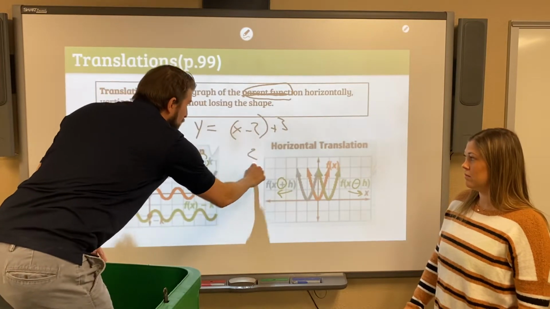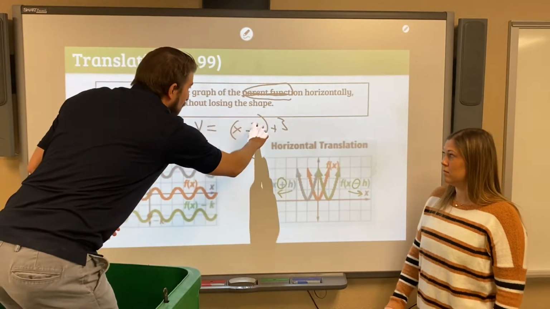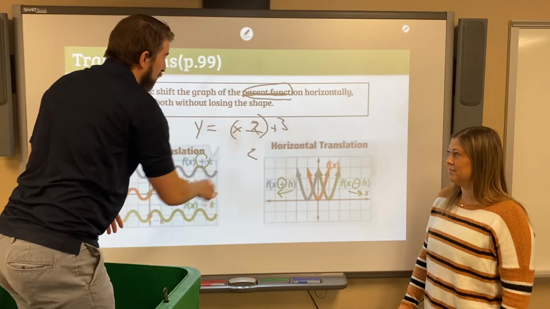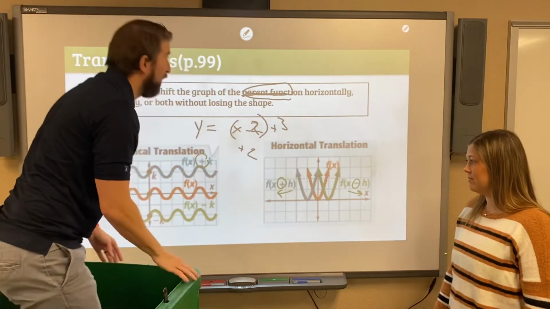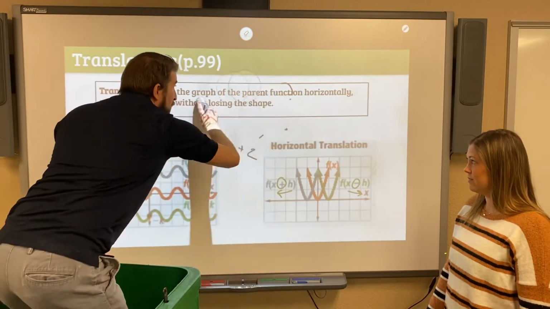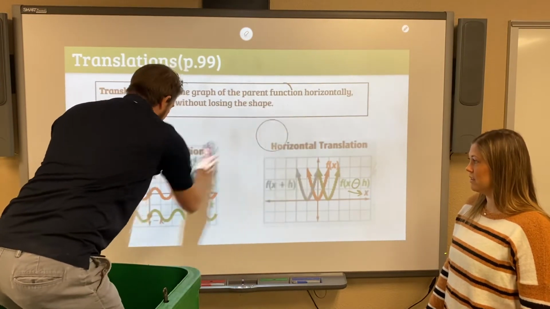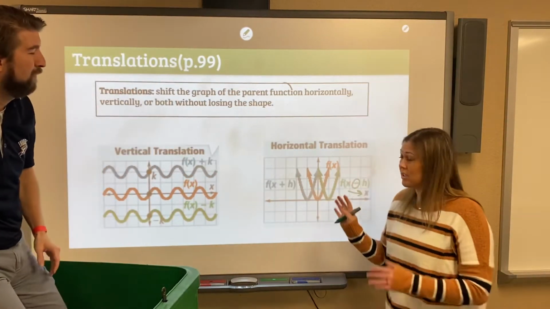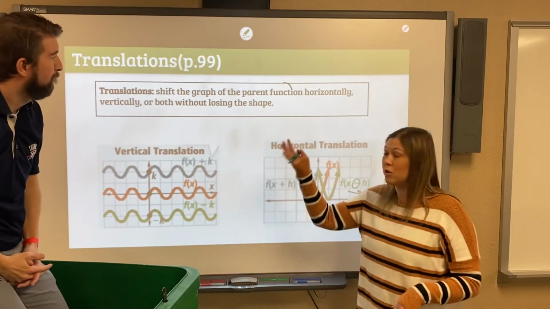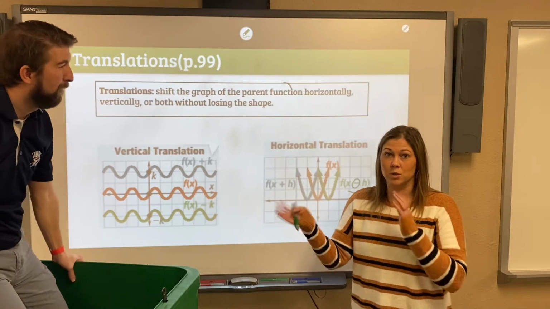So the number is 2. And then you switch the sign. So this is positive 2. Perfect. So whenever you do your horizontal translation, it's opposite of what you would think. So you always drop the number, switch the sign.